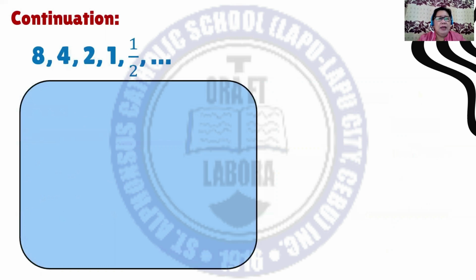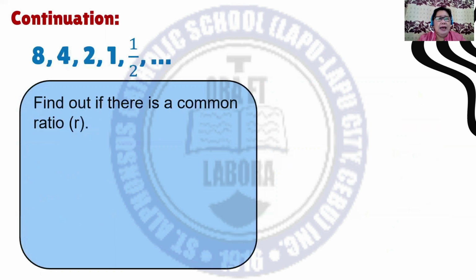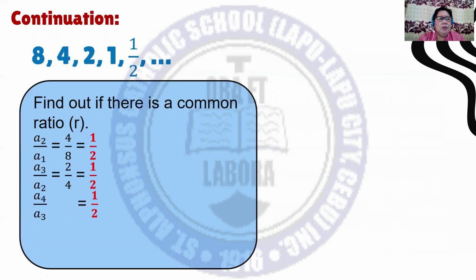Let us try to find out if we can have a common ratio. Second term divided by the first term, 4 over 8 equals 1/2. 2 over 4 equals 1/2. The fourth term over the third term is equal to 1/2.